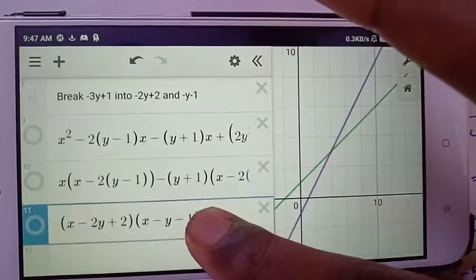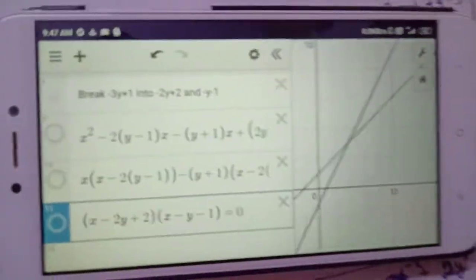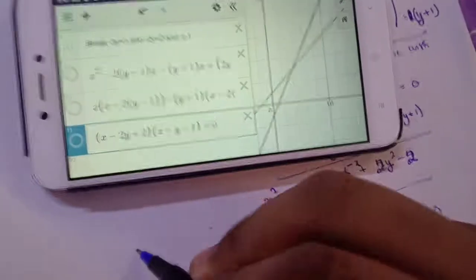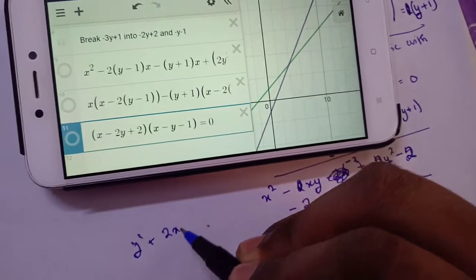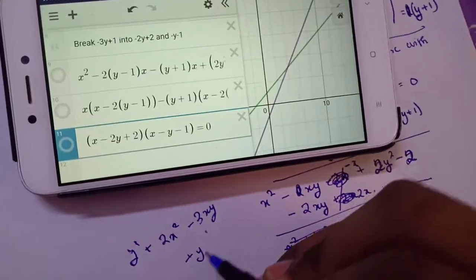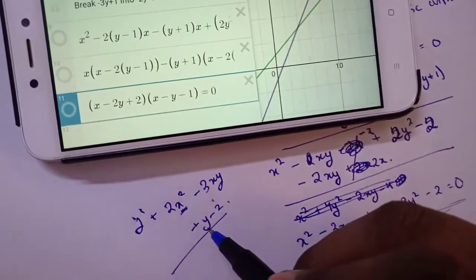So basically you are just solving a quadratic equation, taking y as constant if you have an x term. Or if the question was something like y² + 2x² − 3xy + y − 2, then you would be taking x as a constant, because you have y.